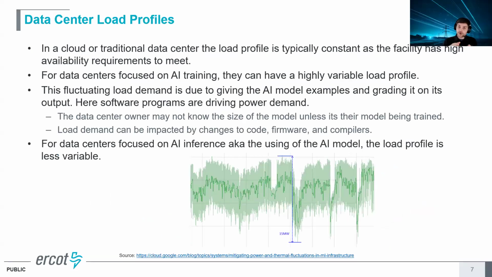So, when we're talking about data center load profiles, traditional or cloud data centers are typically high availability data centers with high uptime requirements, so the load profile is pretty constant. But for data centers focused on AI training, the profile is generally rather variable.